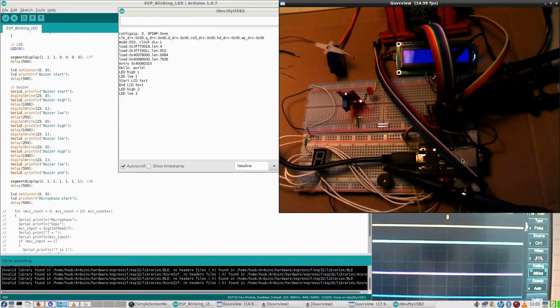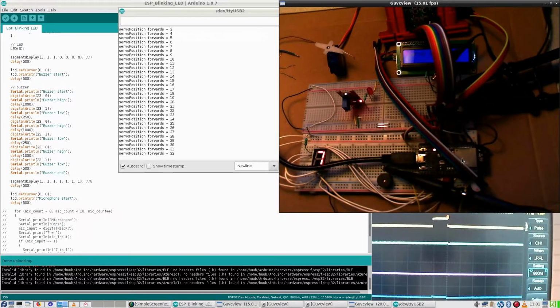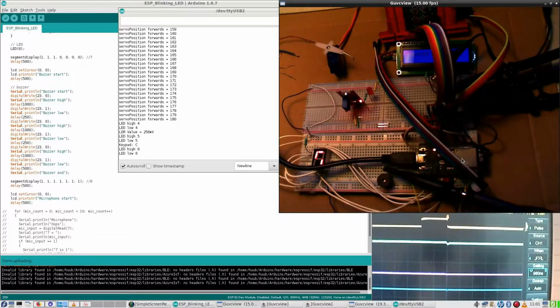That's it. And then servo, yes, it works. Very nicely done, although I still don't get the angle and its movement. Mystery to me.